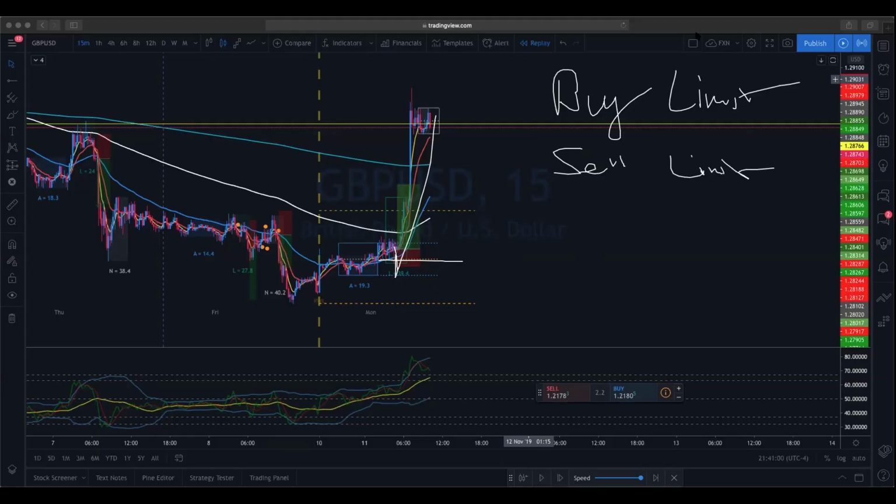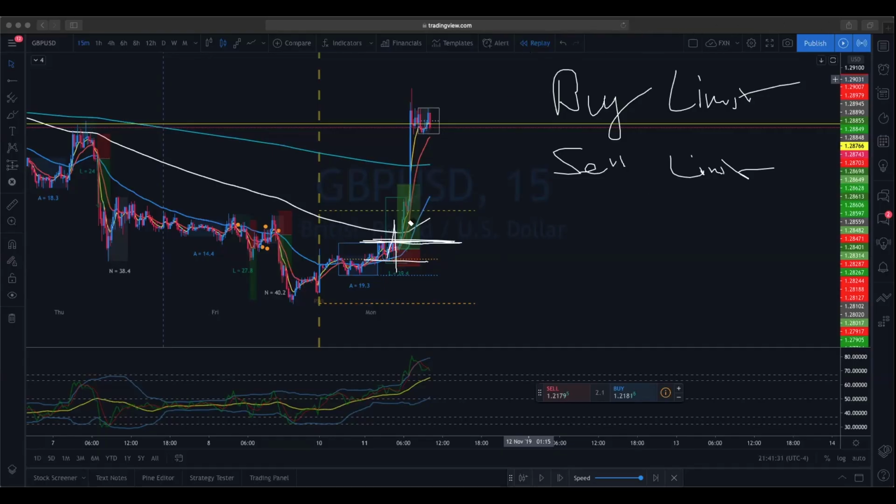Let's say you're thinking that this is a type 2 order or something, and you put a sell limit order here. So basically price would need to go up, pass it, and then come down, and that would trigger the sell limit order.